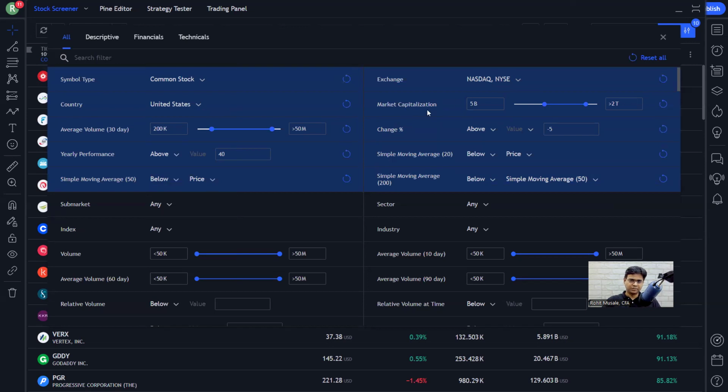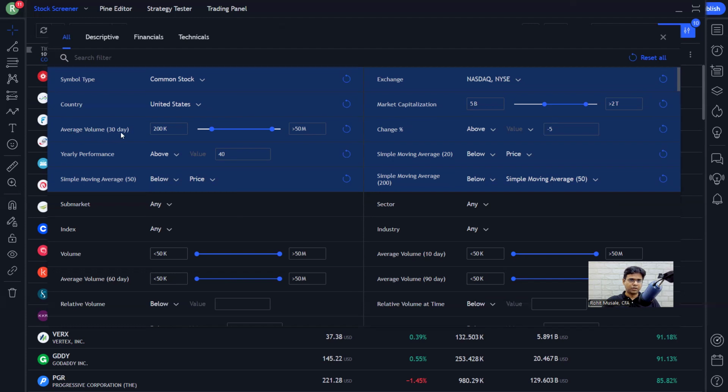Market capitalization is the total market value of the company, which is the total number of shares outstanding multiplied by the price. So minimum 5 billion market cap and above. Average volume, now we want 50-day, but 50-day filter is not available.